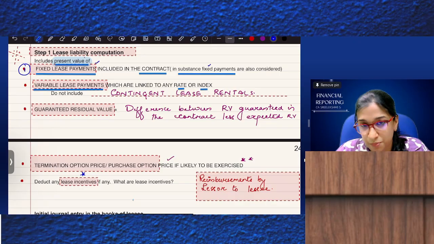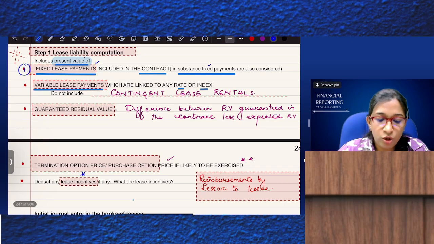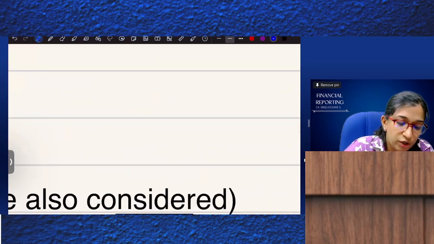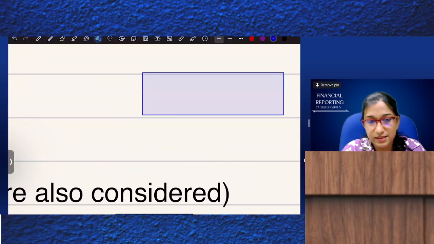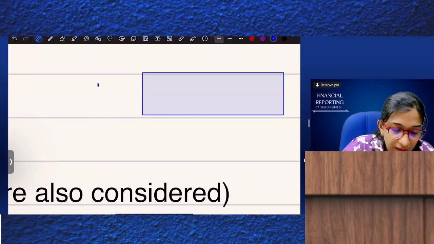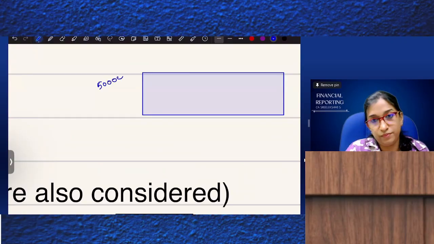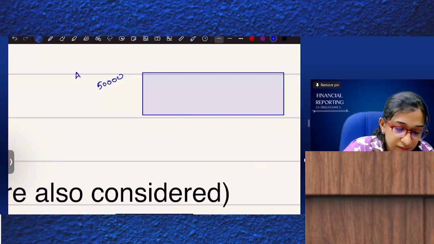What do you mean by in-substance fixed lease payments? So here you are using a building and the rent is agreed like this. Annual rent is 50,000.